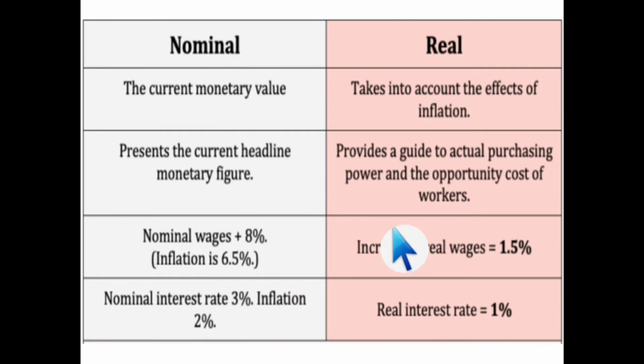So how can we get the real value? 8 minus 6.5, that is 1.5. Next, if the nominal interest rate is 3%, among which 2% is inflation, that means the real interest rate is 1%. Getting the concept of how to calculate nominal and real?